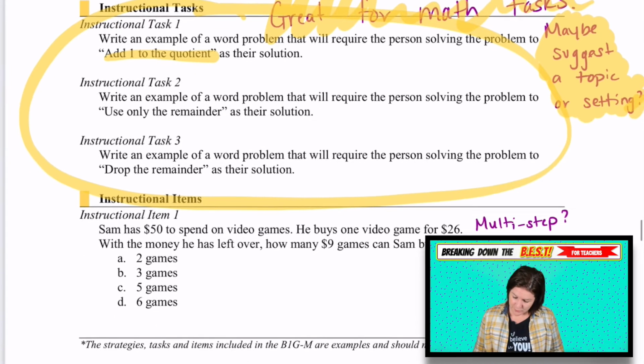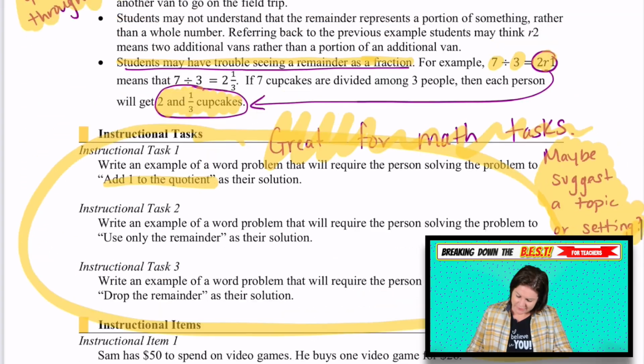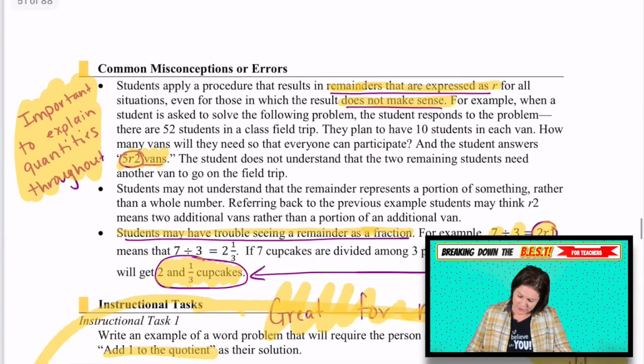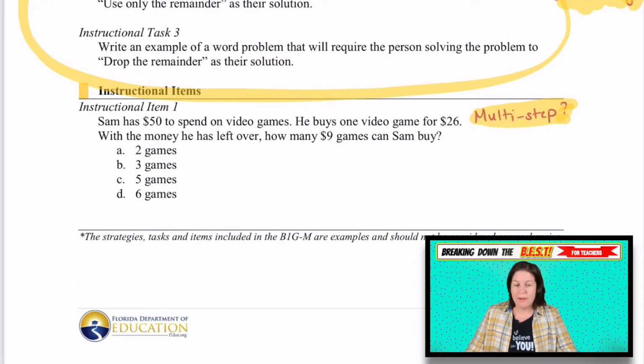Okay? And this one down here I noticed was a multi-step problem. I didn't really get the idea that it was a multi-step standard, so I'll have to look a little bit deeper into this, but if you're combining it with another standard, sure, it can be a multi-step equation.